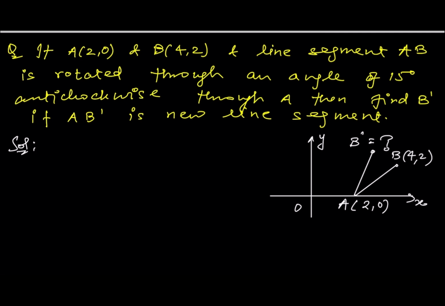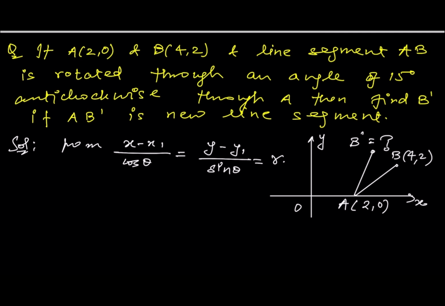Now in parametric form what we need is a point through which a line is passing, and the inclination which the line is having with the positive x-axis, right?